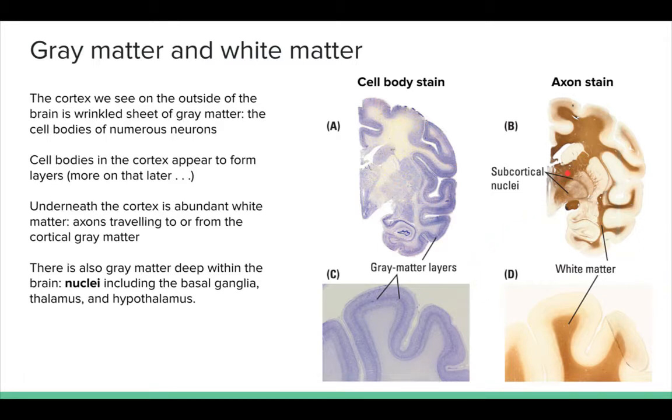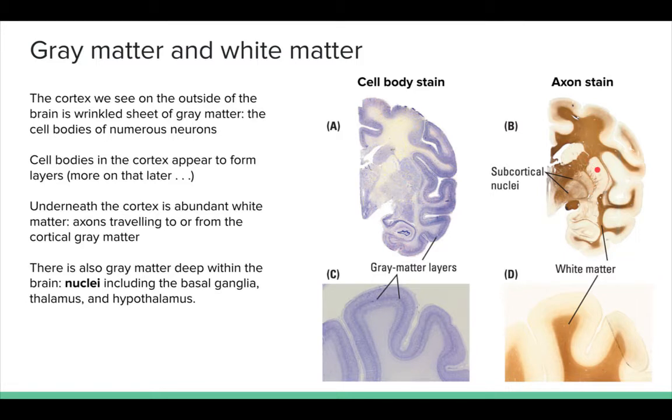Now, if you look here in this section with the axon stain, what you can see is that certainly there are these big pale regions on the outside, but there are also these pale regions on the inside. So what does that tell us? Well, if it's not made up of axons, and it's not a ventricle, then what it tells us is that this must be gray matter.